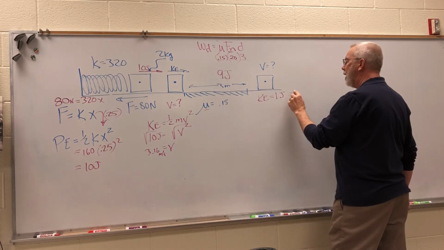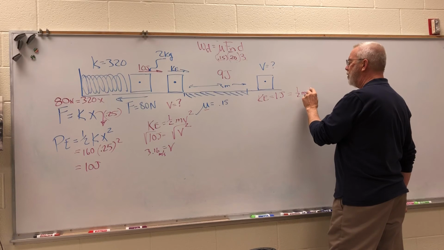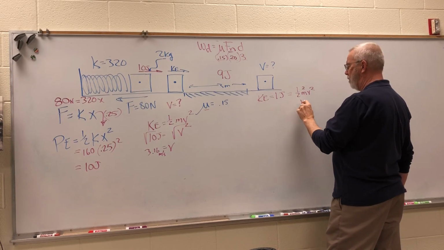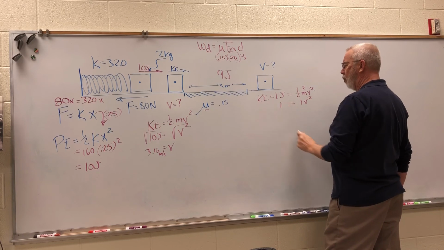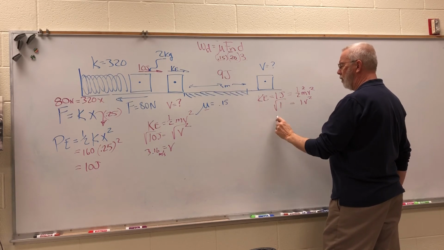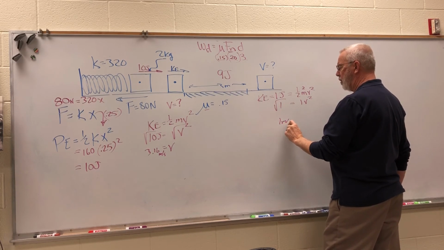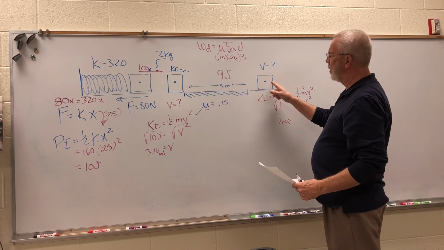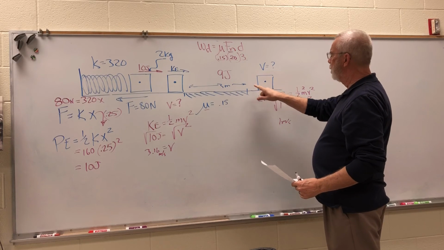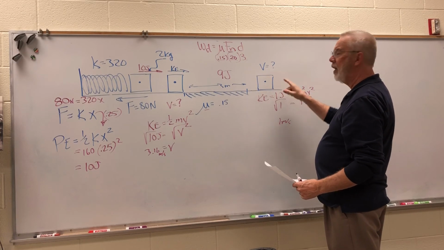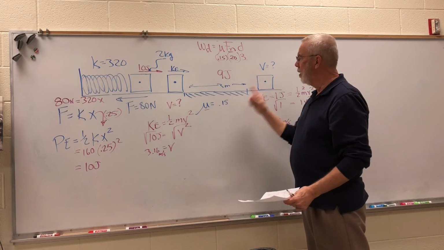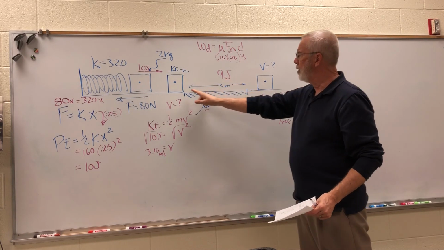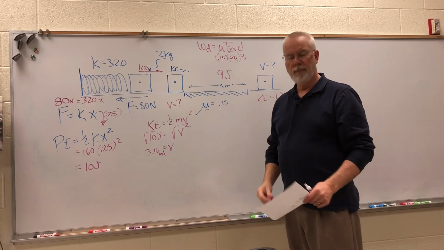If we take that to be 1/2 of mv squared, again, if this was 2, then that would just be 1v squared is equal to 1, and the square root of 1 is just 1 meter per second. So at the end of this problem, the velocity of this block is moving ever so slowly at 1 meter per second across the counter because it lost 9 joules of energy due to the friction.